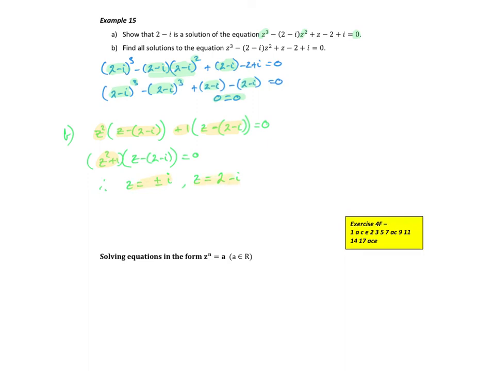The other solution is 2 minus i, which is the one that was given to us. I guess it's worth noting that we don't have a conjugate pair. Obviously 2 plus i is not a solution. So we don't always get conjugate pairs, depending upon the nature of the polynomial we've got.